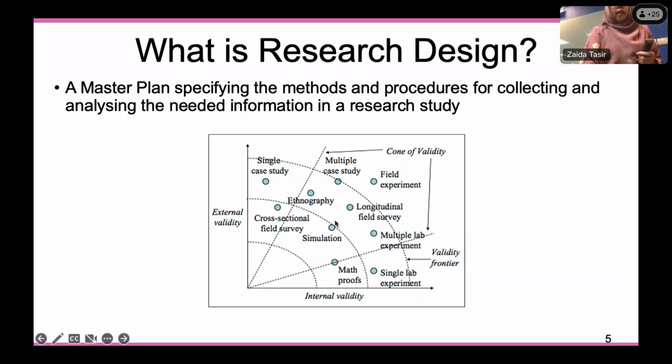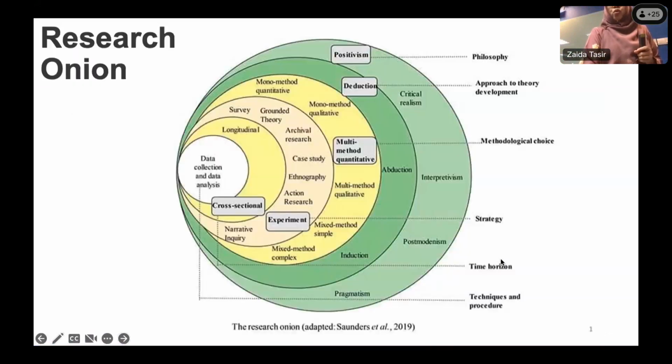So that's why this diagram is here to show you. Okay, another thing that you have to know, and I think most of you are familiar with, is the research onion by Saunders that guides you on choosing the right philosophy, the right approach, the right methodological choice, the right strategy, and the right time horizon of research, technique, and procedure.